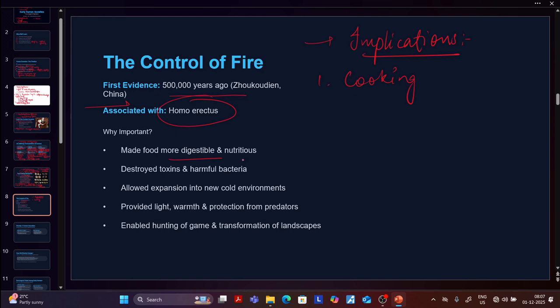Cooking essentially pre-digests food, making nutrients more bioavailable. From a nutritional standpoint, cooking was revolutionary. Additionally, cooking destroyed toxins and harmful bacteria present in raw food. Many plants contain toxins. Cooking breaks them down, making them edible. Many bacteria are killed by heat. Cooking made food safer.